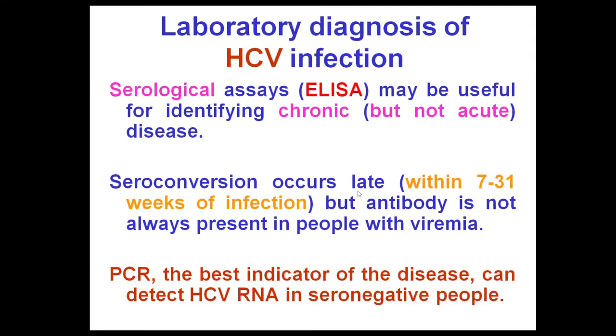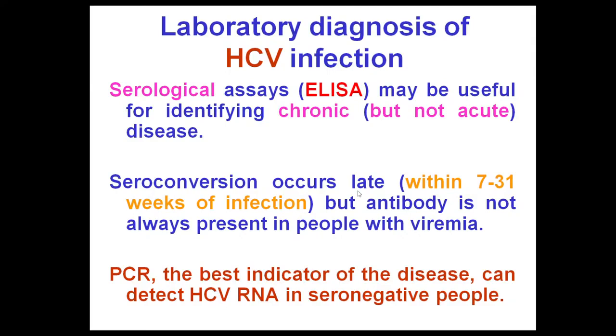Do you know what seroconversion is? It is when the person starts to develop antibodies. It may occur within 7 to 31 weeks of the infection. See? So the antibodies may be delayed. That's why serological tests are not really very important.